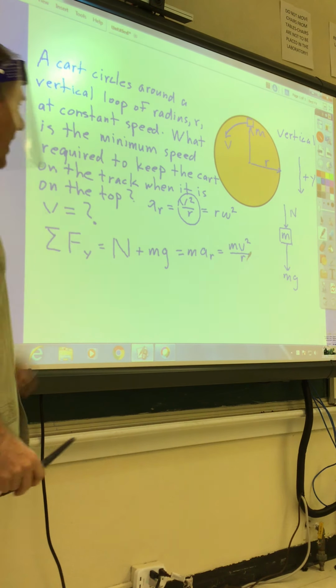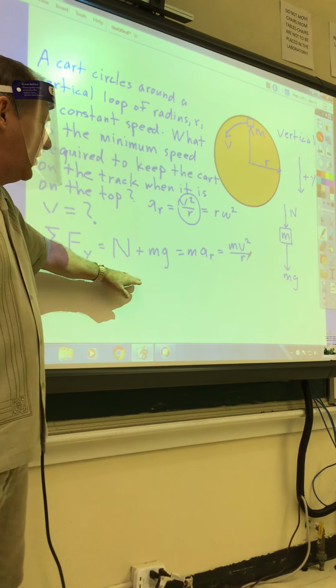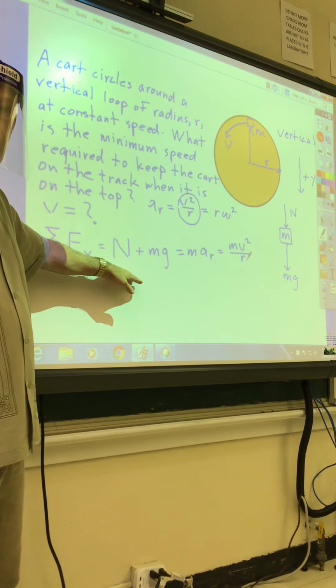Now, here's a question. So you see how I set this up? Why is it mass times acceleration here? Because a force is a mass times acceleration. You have to have the mass.